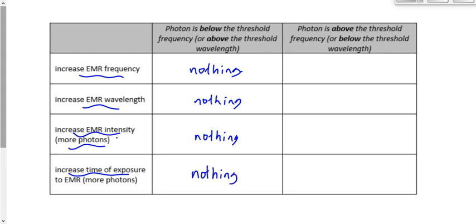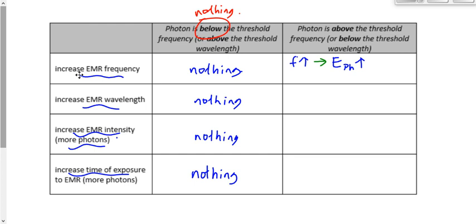Nice simple way of remembering this. If we're below the threshold frequency, nothing happens ever. If, however, we're above the threshold frequency and we increase the EMR frequency, so we go from visible light to ultraviolet, increasing the frequency gives us a higher photon energy.